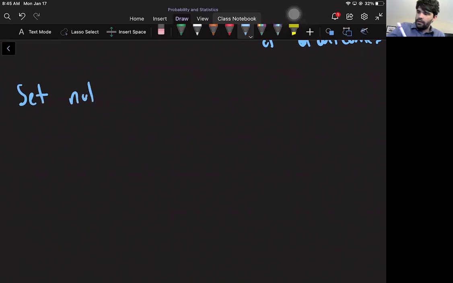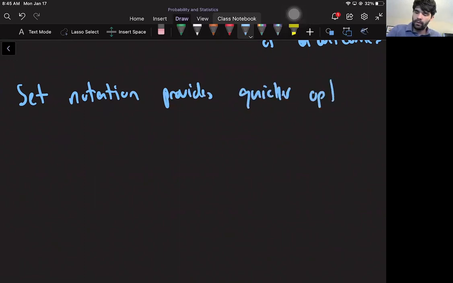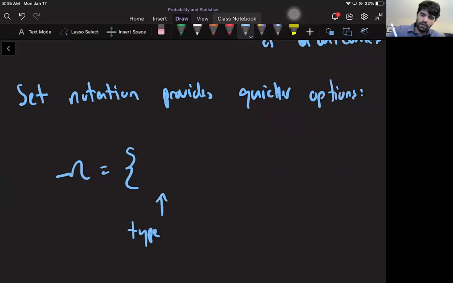So set notation provides quicker options. One thing we could do in set theory is specify the type of thing in the set in general first.